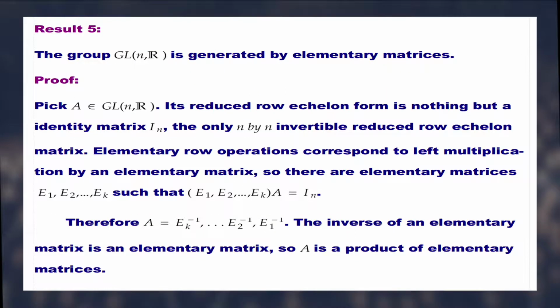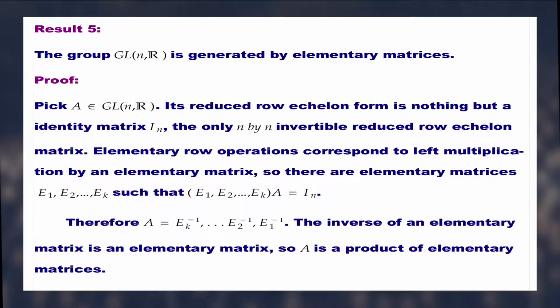Let us find the generating set of GL(n, R), where R is the real numbers, next. The fifth result is that the group GL(n, R) is generated by elementary matrices. The proof: fix A belonging to GL(n, R). Its reduced row echelon form is nothing but the identity matrix I_n, the only n by n invertible reduced row echelon matrix.